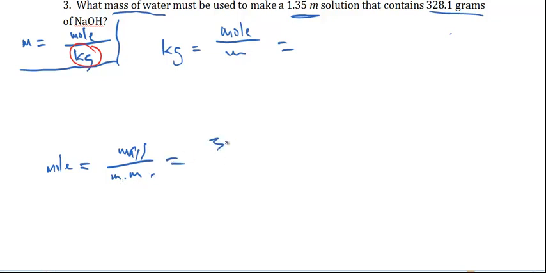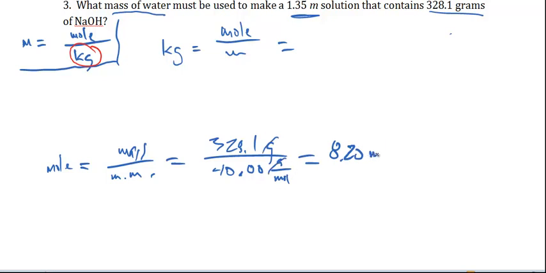So that's 328.1 grams over the molar mass, which should be 40.00 grams per mole. Divided by 40, you should get 8.20 moles. So now we know how many moles of sodium hydroxide we have.